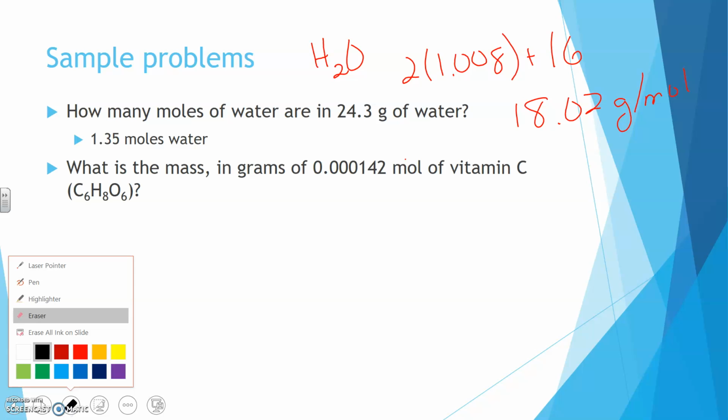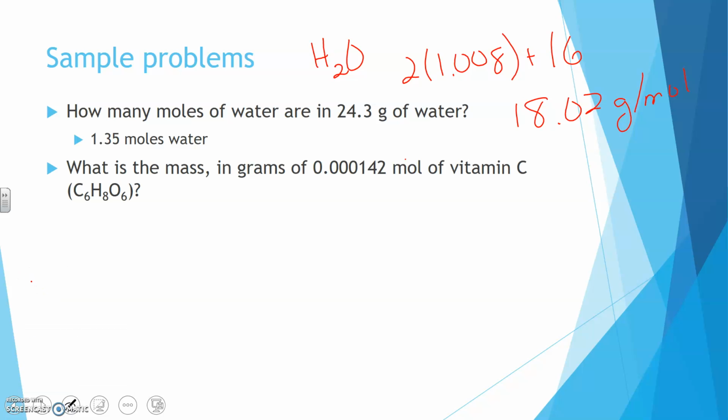Okay. So what is the mass in grams of 0.000142 moles of vitamin C? Alright, so first, find your molar mass. So 6 carbons at 12.011 each, 8 hydrogens at 1.008 each, and 6 oxygens at 16 each.